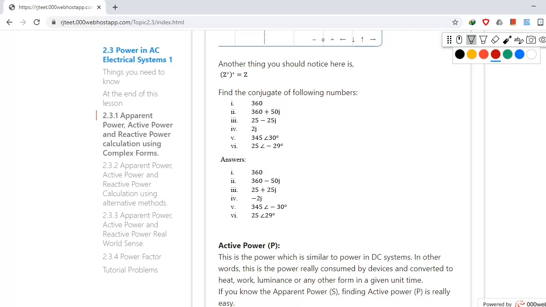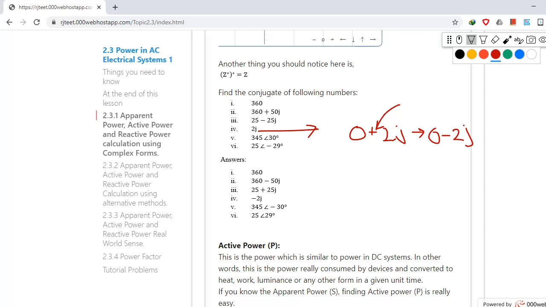So likewise, it's really easy, and let me do this one as well. It's a little bit different, 2j, and so this is going to be 0 plus 2j. You don't really have to write this 0 value, it's not necessary, and you're going to invert this sign, which means you get 0 minus 2j.